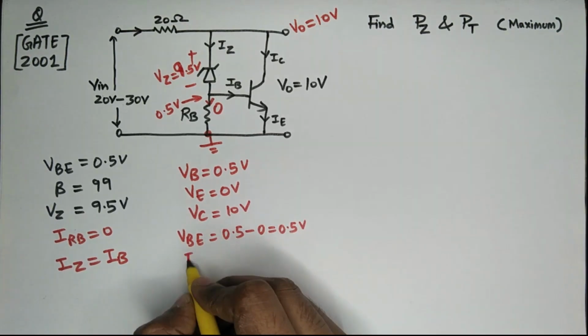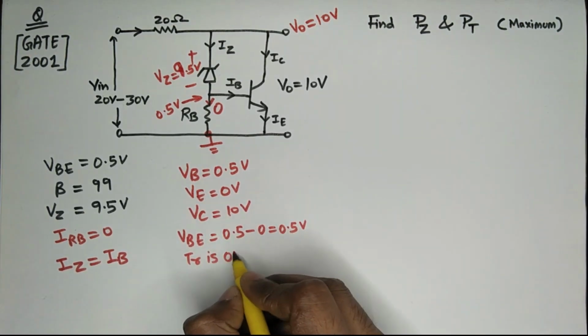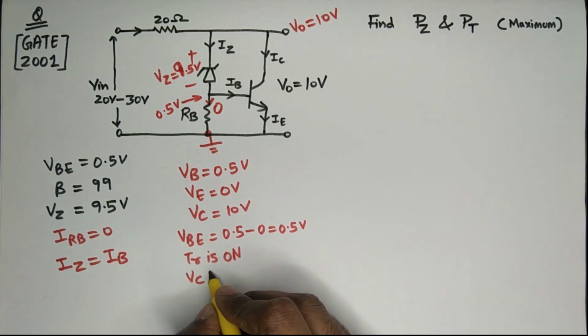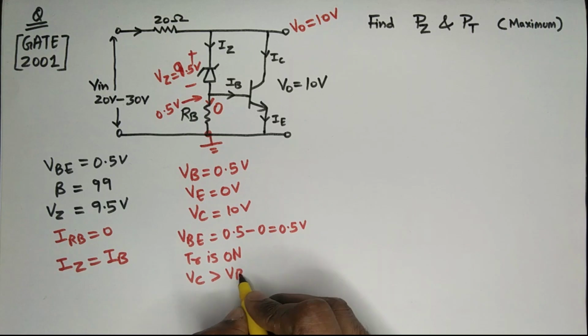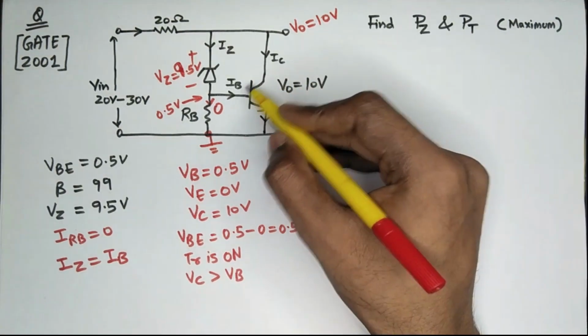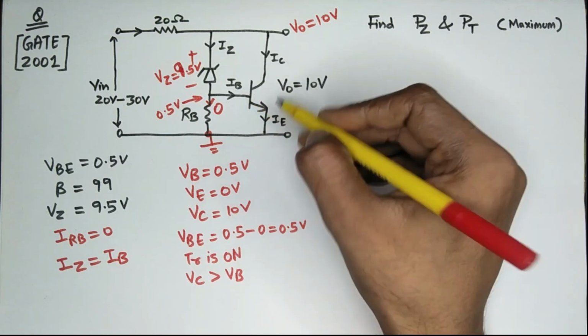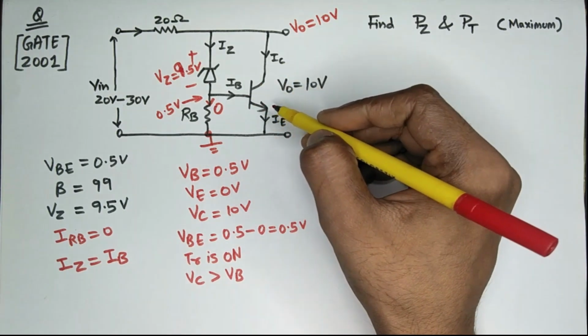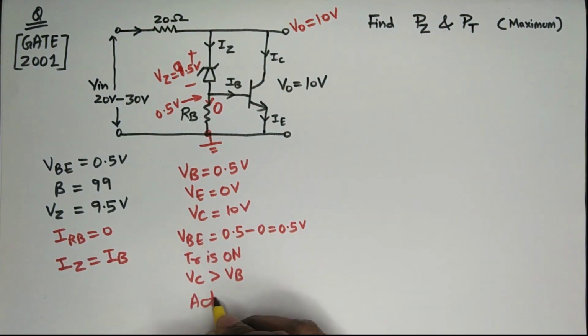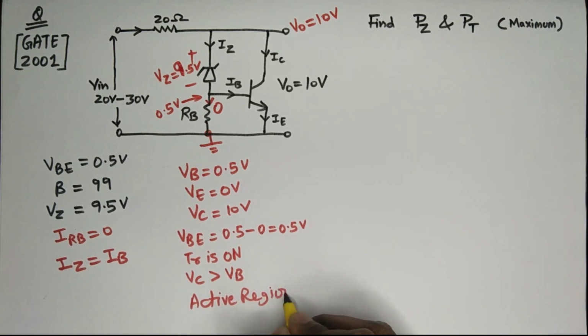It means the transistor is on, and VC is greater than VB. It means the collector base junction is reverse biased and the transistor is operating in the forward active region. And in this region we can use the relation IC is equal to beta IB.